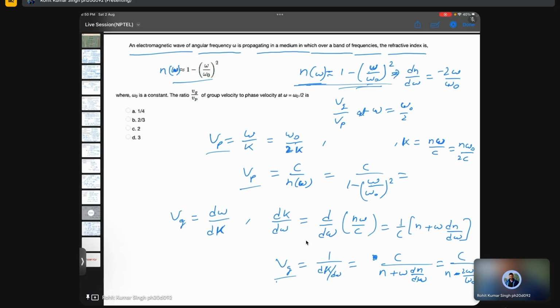So the phase velocity, if you put omega equal to omega naught by 2, then what you get is 1 minus half square, right? Which is nothing but, in the denominator you have 3 by 4, so you will get 4 by 3 c. So phase velocity is 4 by 3 c. Wait, sorry, did I do something wrong? 1 minus 1 by 4, this is fine.